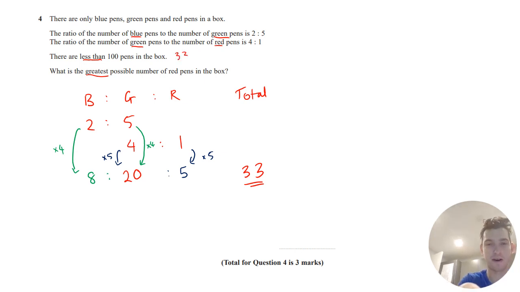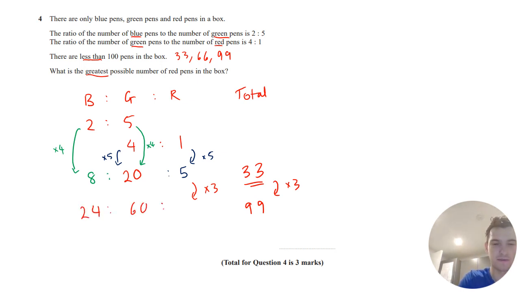What is the greatest multiple less than 100? I think it's 99. So there are 99 pens in total, which means that because 33 times by 3 is 99, I'm now going to multiply all of these ratios by 3. That is 24, 60, and 15. And it asks me for the greatest possible number of red pens, so my answer is 15.